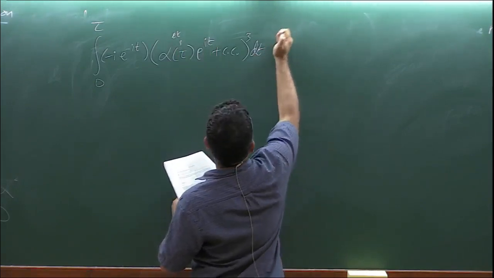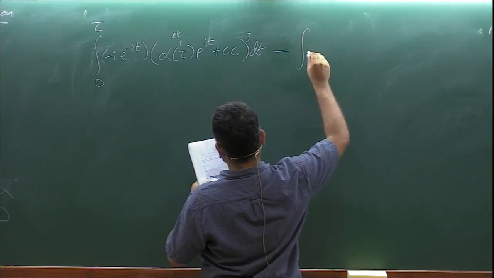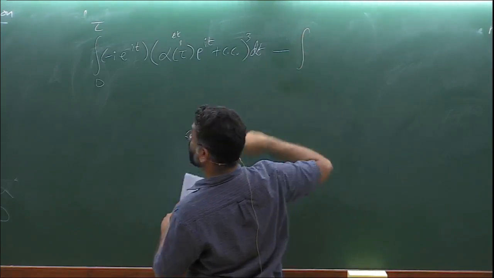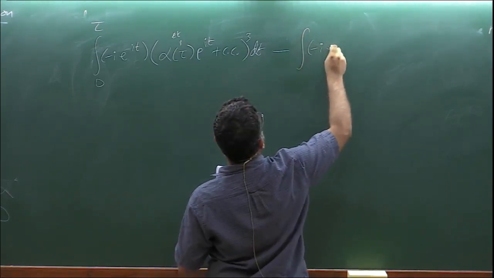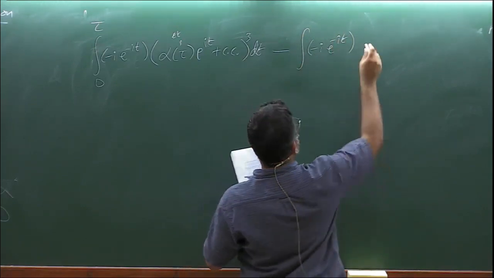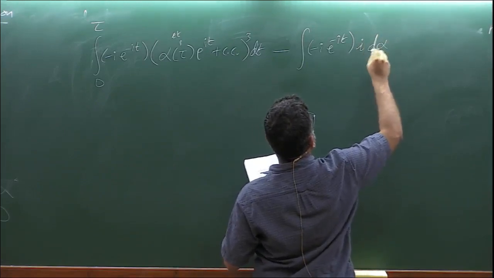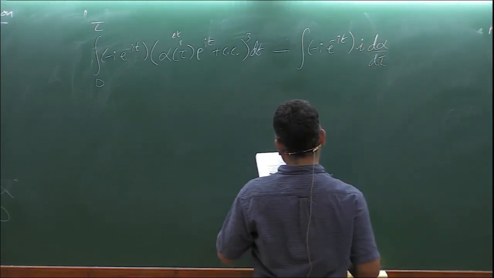And then I'll get minus, I'll get again a minus I e to the minus it I d alpha d tau.